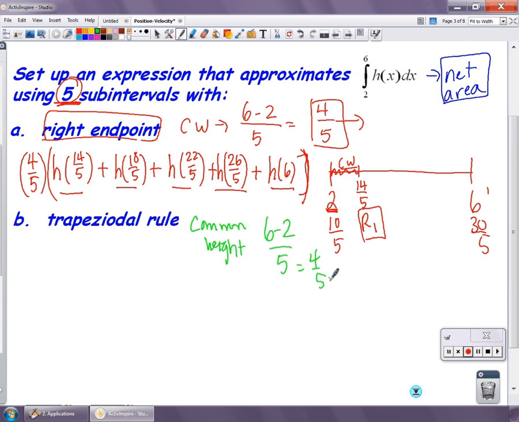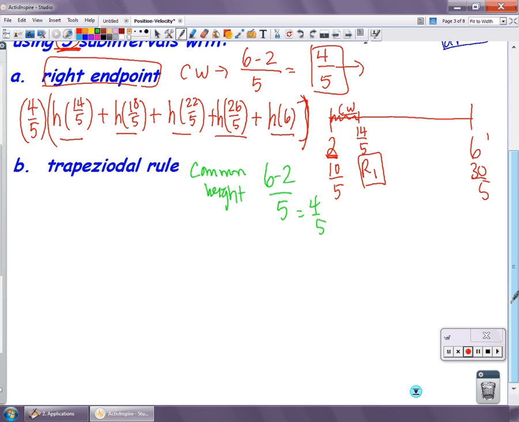So when I do my trapezoid, the area of a trapezoid is 1/2, that's just geometry, multiplied by the common height of 4/5, multiplied by. Now remember what we talked about with trapezoids. We're starting at 2, we're stopping at 6, and we've already calculated that the next stop is at 14/5.